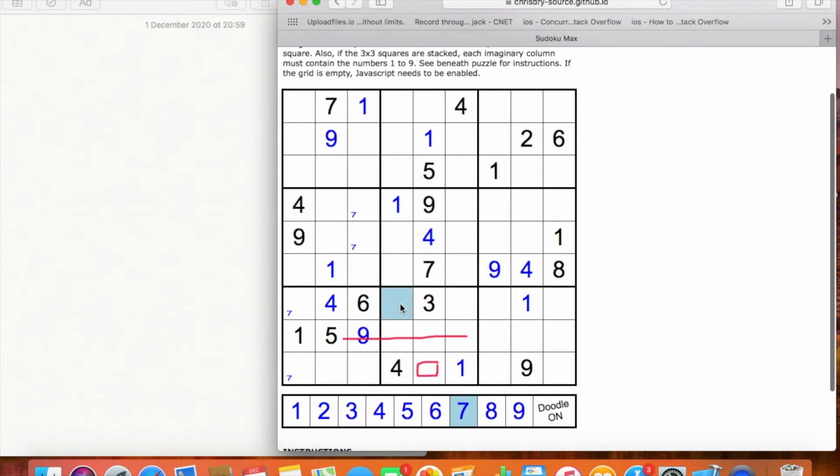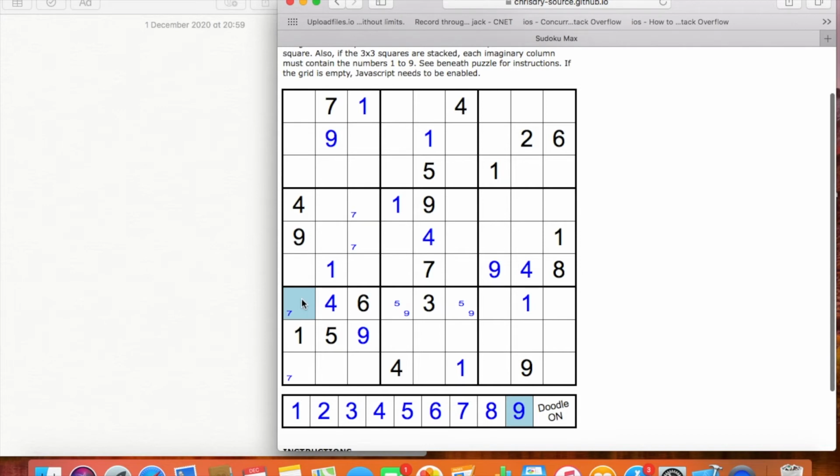So the only squares that can have 9 and 5 are these 2. 2 squares, 2 numbers mean no other numbers can go in those 2 squares. This enables us to fill the 3 remaining squares with 2, 8 and 7.